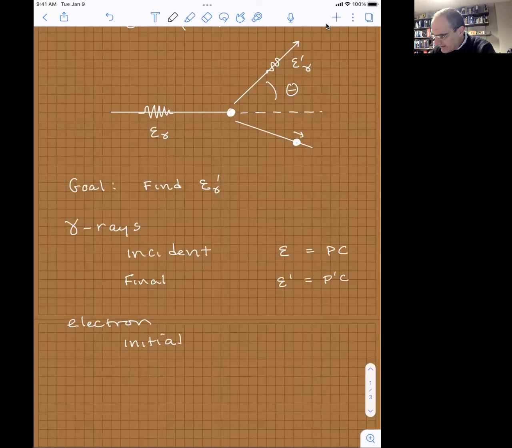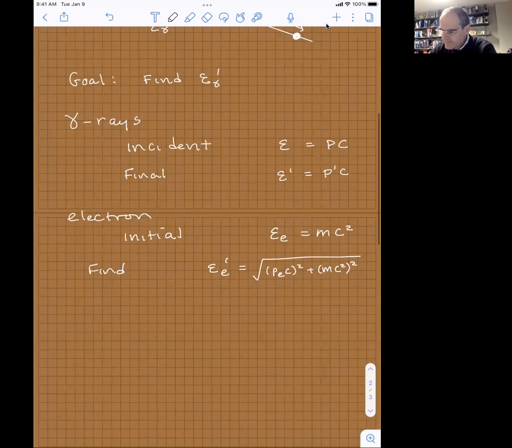Then we have the electron. Initially, the electron is at rest. So the energy of the electron, now we're going to use a subscript, is just equal to its mass times the speed of light squared. But the final energy will be determined by its rest energy and its momentum. And using the formula we wrote up above, we can write this as the square root of (P_e c) squared plus (mc squared) squared for the electron.